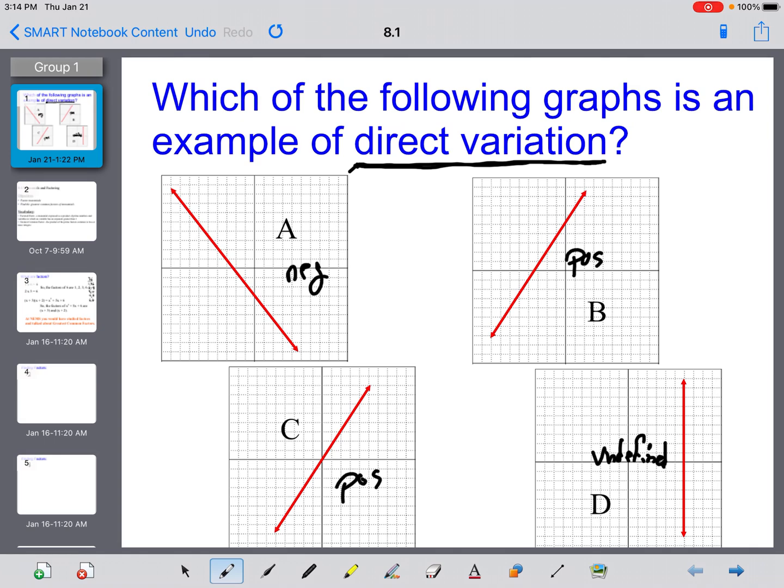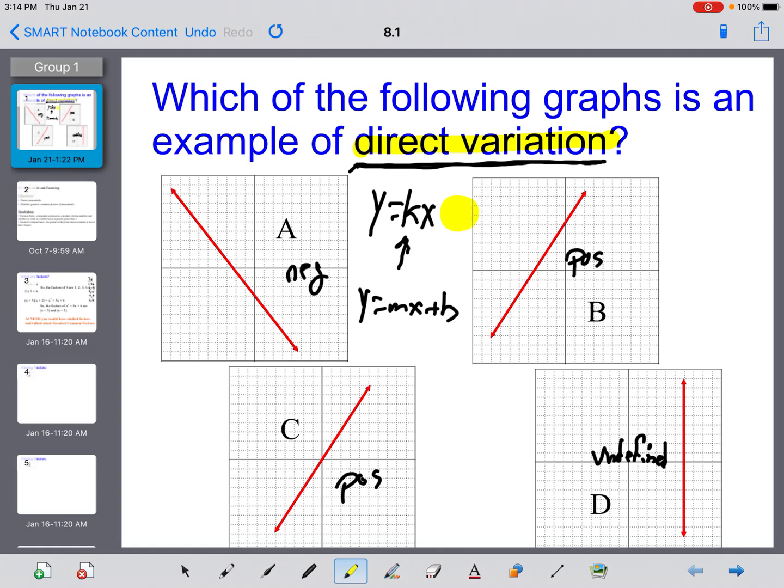Now, having said that, I can tell you that's not what this problem's about. It's just another thing that we can take note of. The key to this problem, as far as figuring out direct variation, is that all direct variation equations are of the form y equals kx, where k is the constant of variation. It's also the slope. It's in the place of the slope when you do y equals mx plus b.